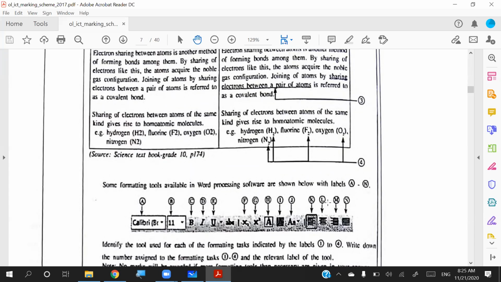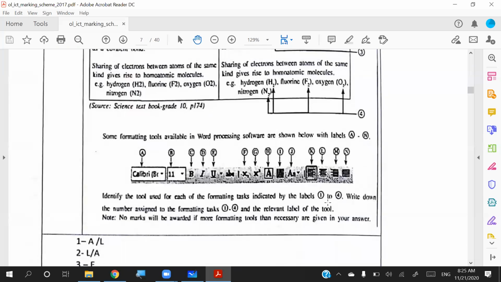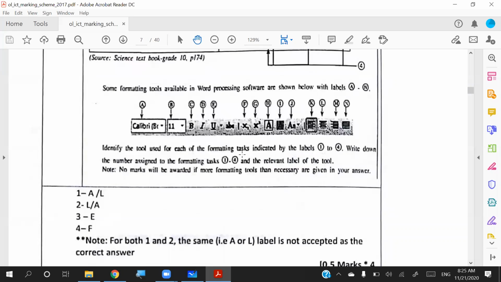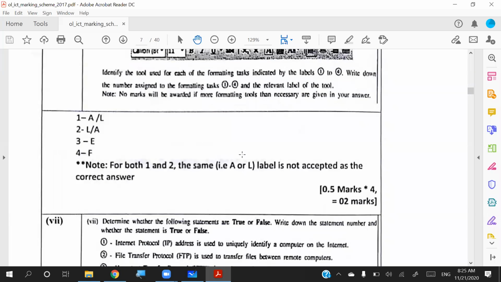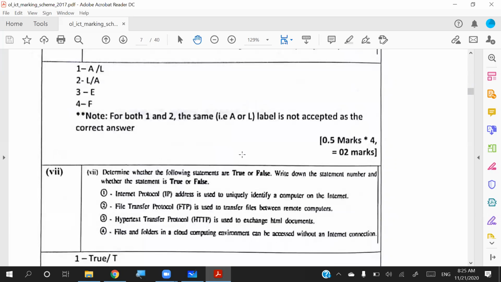If you are going to move it over the top line, the thing that you are going to use is the superscript, right? So it's going to be F for the fourth one. So the first one is A, the second one is L, third is E, and fourth is F. So 0.5 is given for each part, right?